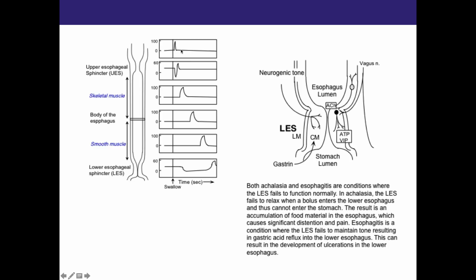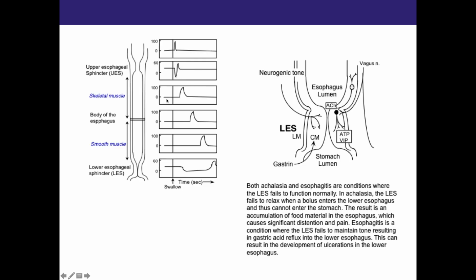Once this food is in this upper part, you can see that the upper esophageal sphincter relaxes, and then the bolus of food moves through, so you get an increase, and then as it slides into the midsection of the esophagus, the pressure falls back down to its normal 30 millimeters of mercury. So there is a relaxation of the upper esophageal sphincter, and then the bolus of food moves through, causing an increase in pressure, and then back to its original value.